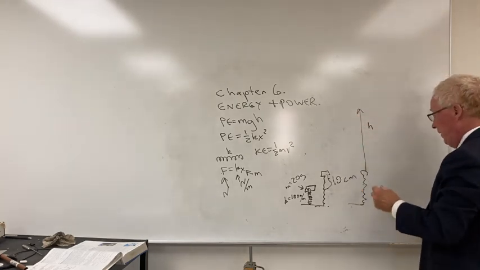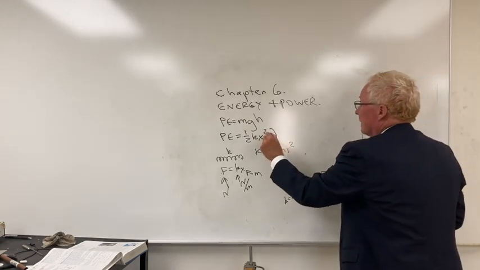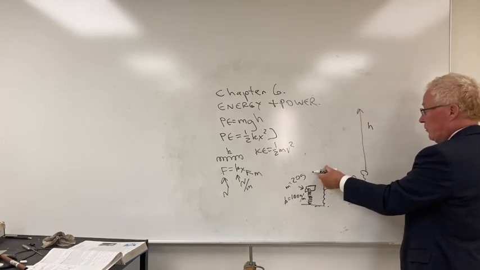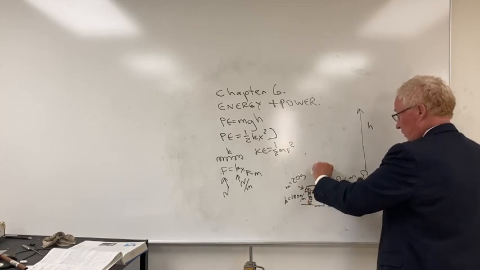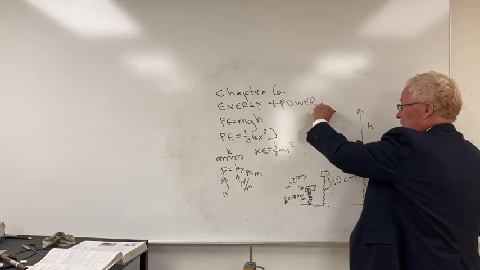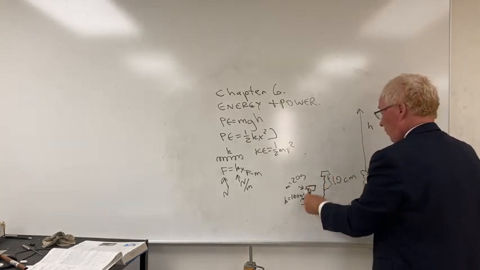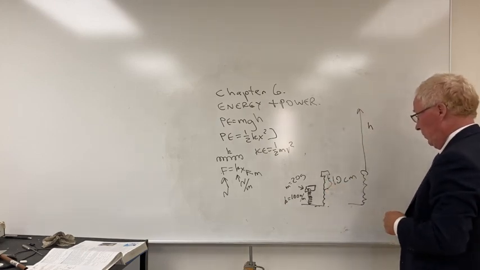We have potential energy given by the spring, 1/2 kx squared, which converts to kinetic energy, 1/2 mv squared, and that kinetic energy turns into potential energy, mgh. So all three are connected.